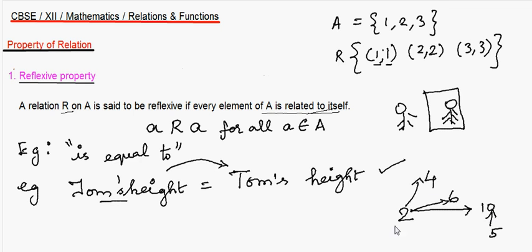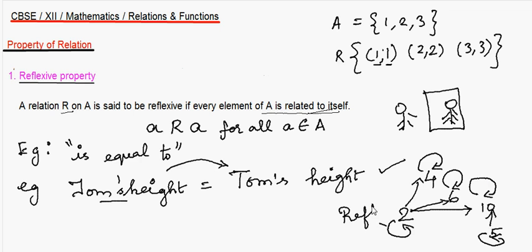So this is a relation. And also we know that every number is divisible by itself. So the arrow I'm drawing on top of each number says that the number is divisible by itself. So this is called a reflexive relation.